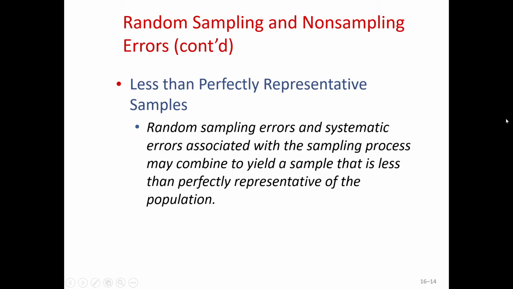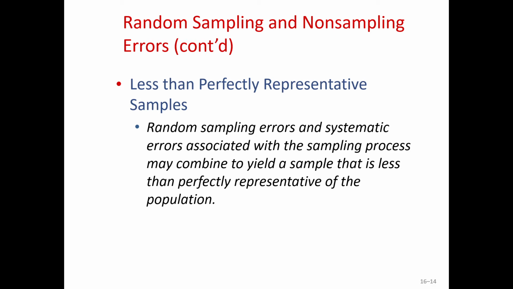Less than perfectly representative sample: random sampling errors and systematic errors associated with sampling may combine to yield a sample that is less than perfectly representative of the population. The total population is represented by the area of the largest square, and sampling frame errors eliminate some potential respondents.